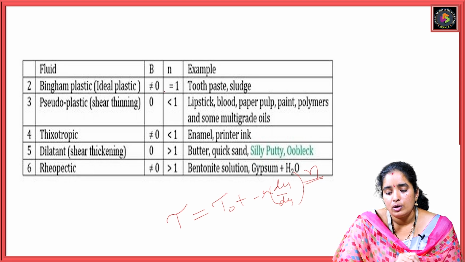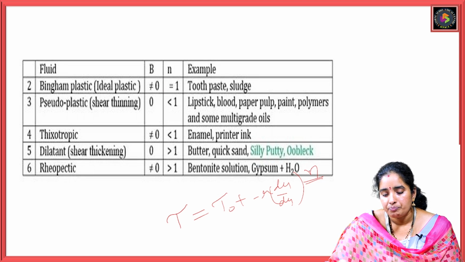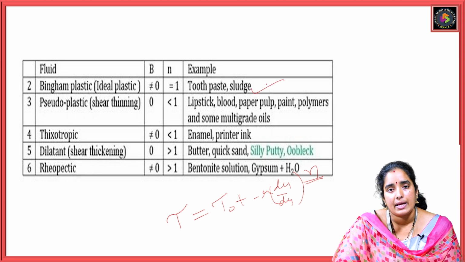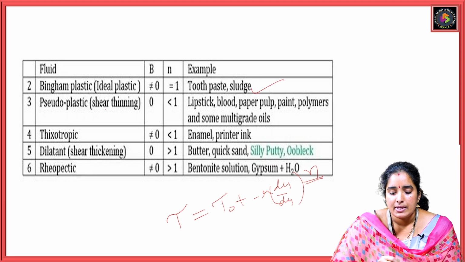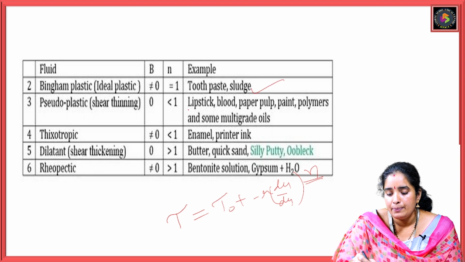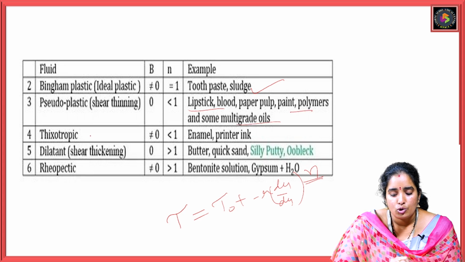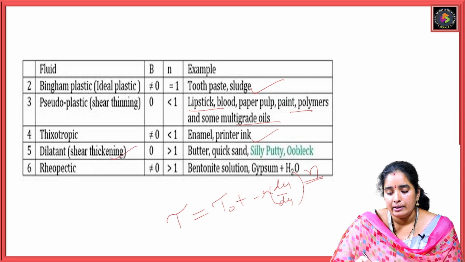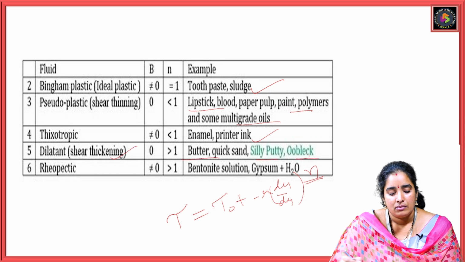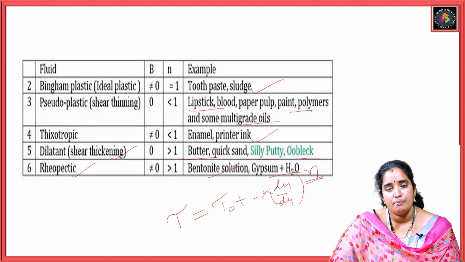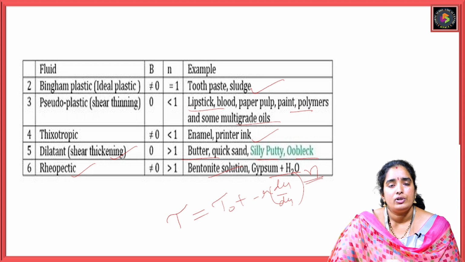When n is equal to 1, we call it a Bingham plastic, ideal plastic. Pseudoplastic is less than 1, like lipstick, blood, paper, oils; thixotropic, like printer's ink, enamels. And coming to dilatant, butter, sand; rheopectic, gypsum plus water. So these are some of the classifications based on the Newtonian fluids.